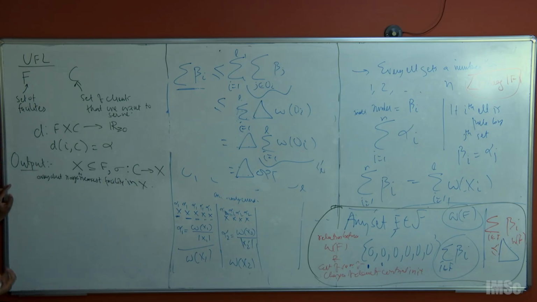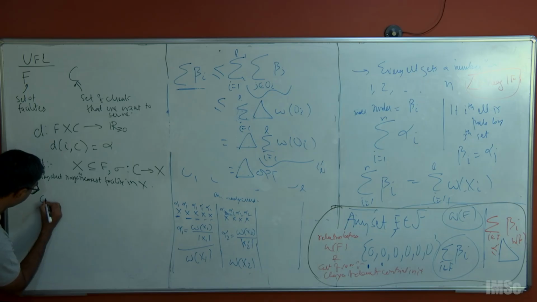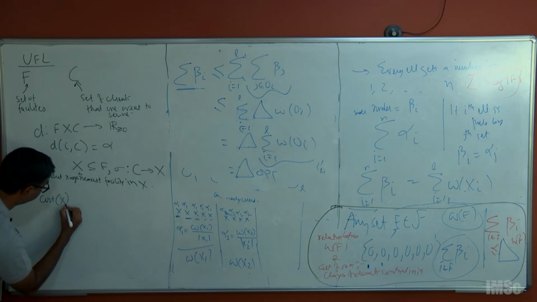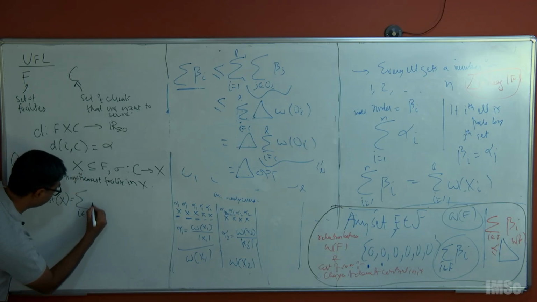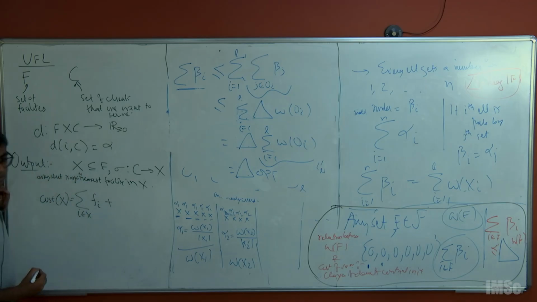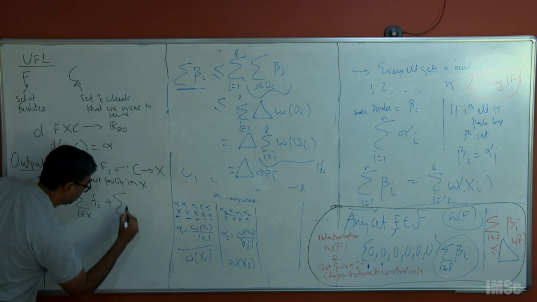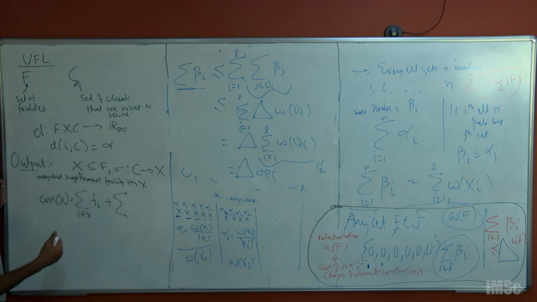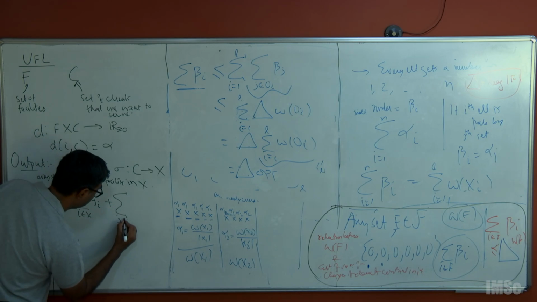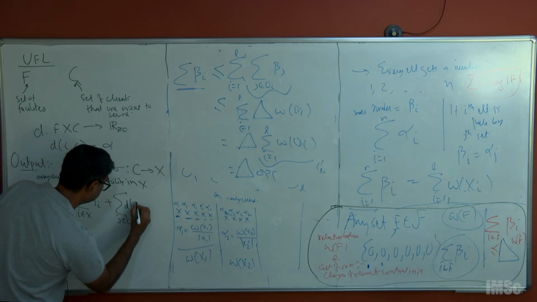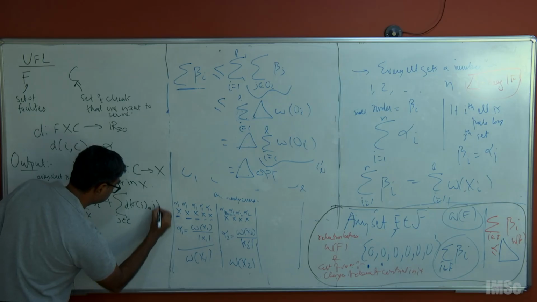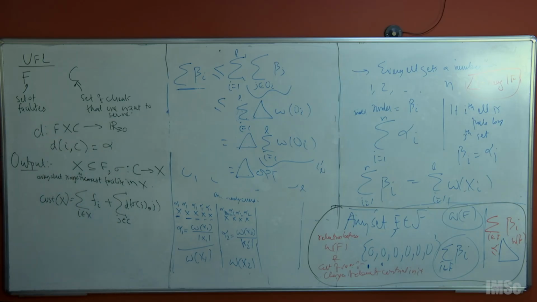And what do I want to optimize? I want to optimize a certain cost function. What is the cost of X? First of all, I open certain facilities in X, so I pay the facility opening costs for i in X, and now there is a cost of serving, summed over j in C. Is that fine?